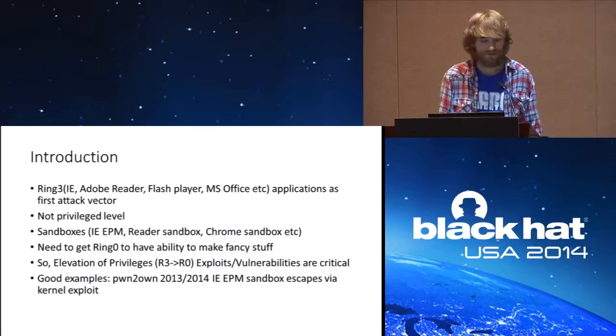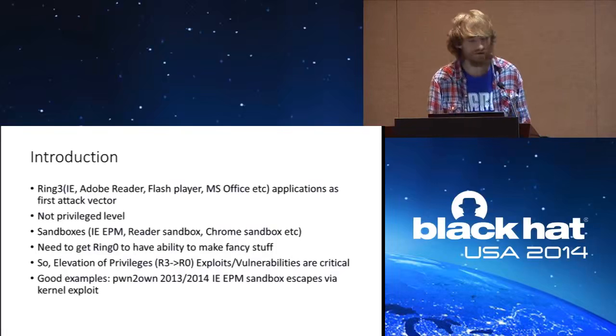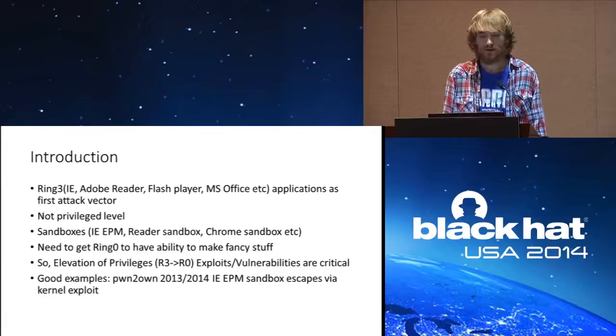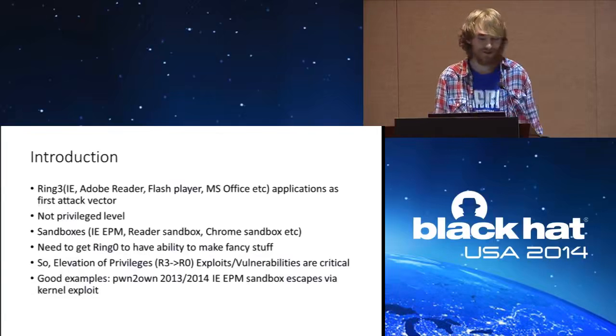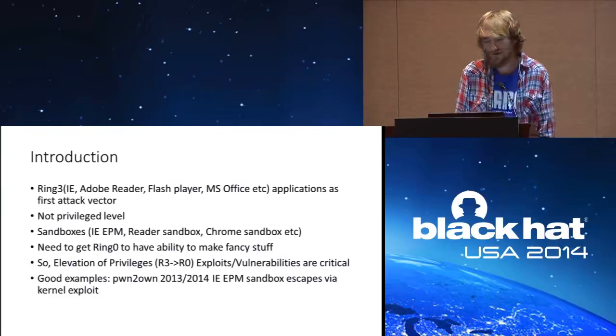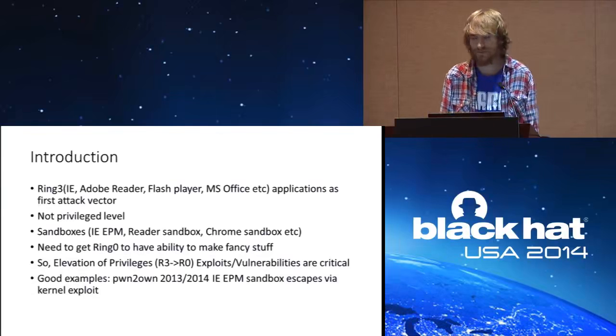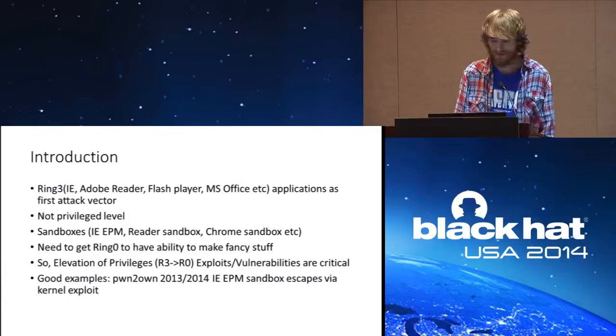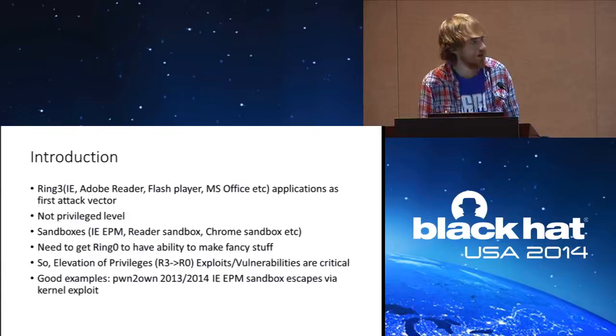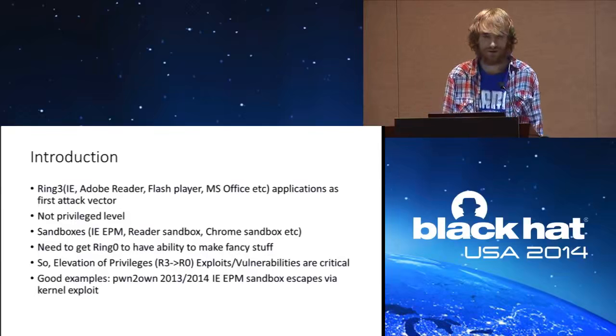So attacking the kernel from the sandbox is a nice idea. You escape the sandbox and get code execution in kernel, and it's pretty nice. Nice examples are the compromises of Internet Explorer this year, Pwning, and last year.